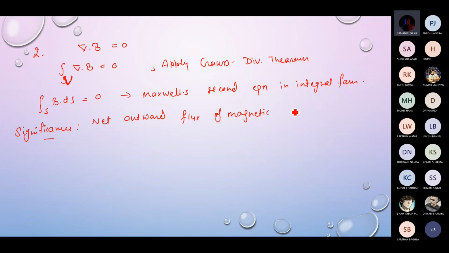So the net outward flux of magnetic induction B through any closed surface is equal to 0. So this is the second equation.